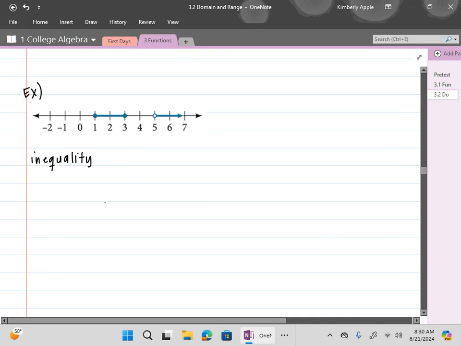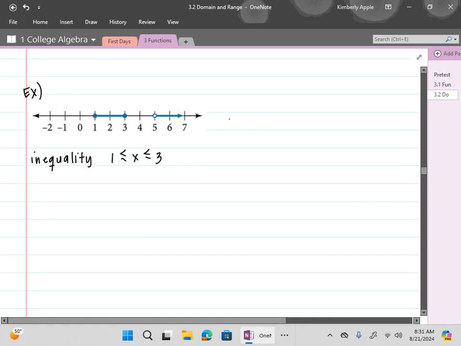In inequality notation, notice I have two endpoints here. So I'm going to say, okay, 1 less than or equal to x less than or equal to 3. And so this comes from, I know x's are between 1 and 3, and the equal to part comes from the fact that we include those endpoints.